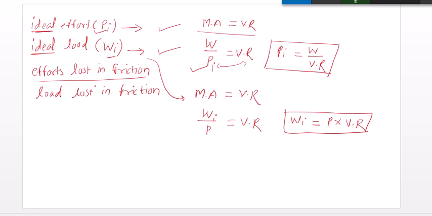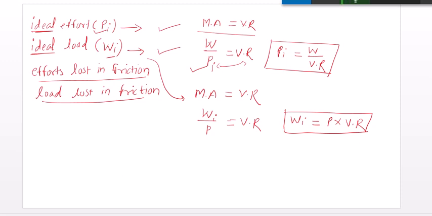Now next we need to find the efforts lost in friction and the load lost in friction. For that, one thing we need to remember is the relation between actual and ideal efforts, and the relation between ideal load and the actual load.